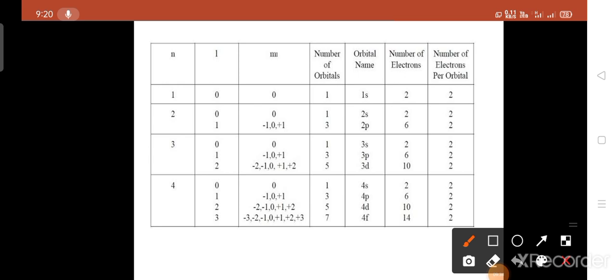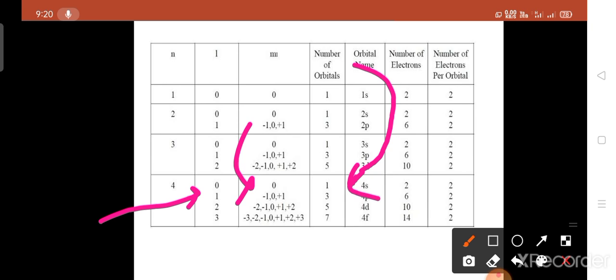When L is equal to 1, the corresponding values are minus 1, 0 and plus 1. Means, the number of orbitals for L is equal to 1 and n is equal to 4 is 3.